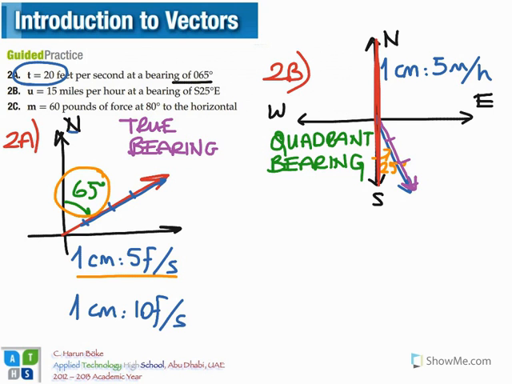So if this vector is given for northwest, for example, 25 degrees northwest, you would draw your vector like this with a 25-degree angle with the vertical axis.